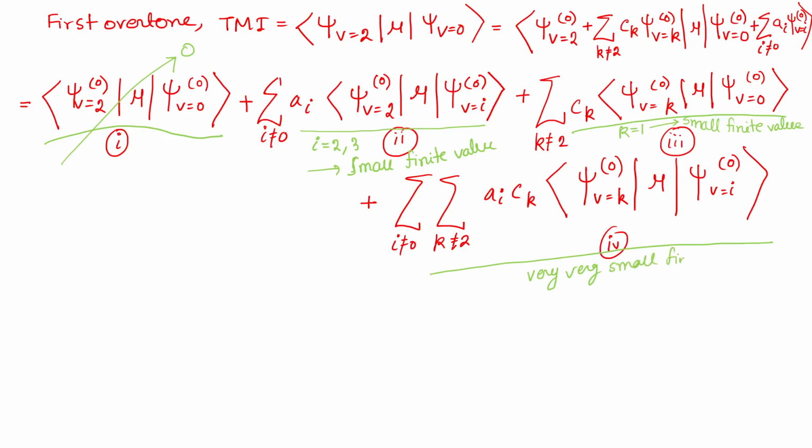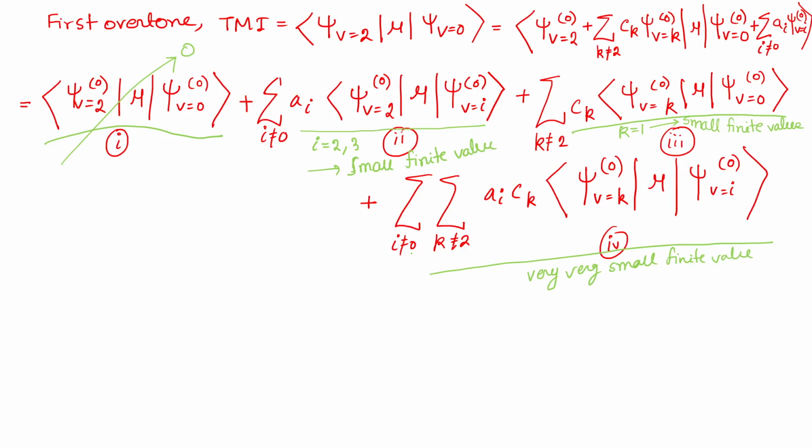And at which values of i and k? i can be 1, k can be 2, but that is not possible because k cannot be equal to 2. If my i is 0, that is also not possible. So i equals 1 is also not possible.